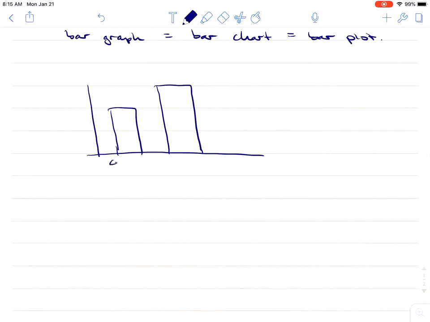Here we have category A, and here we have category B. The heights of the bars just represent how many are in each category, so a taller bar means you have more in that category. Pretty self-explanatory.